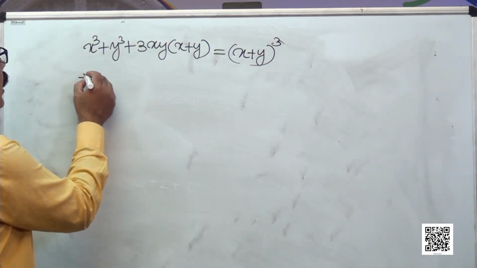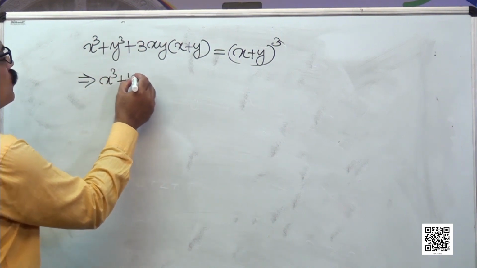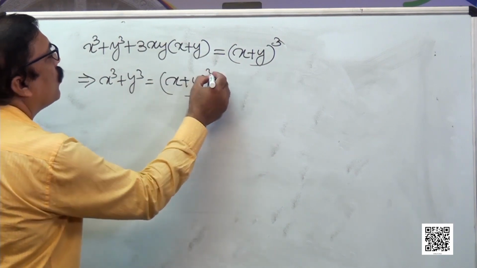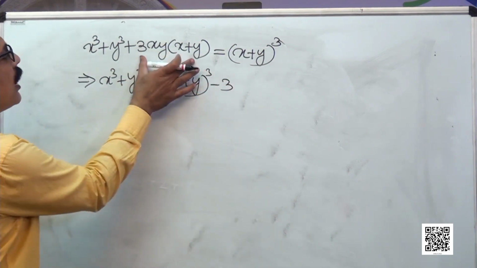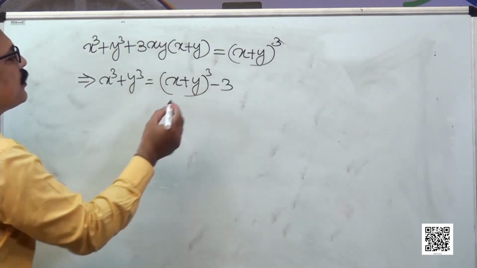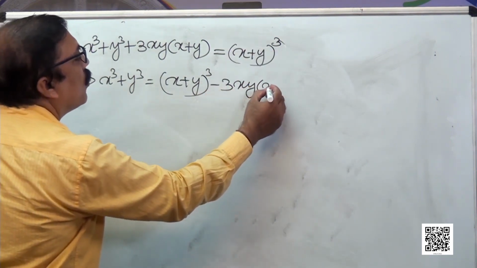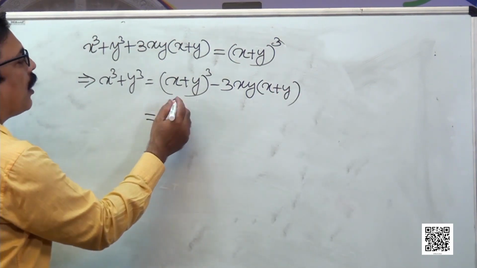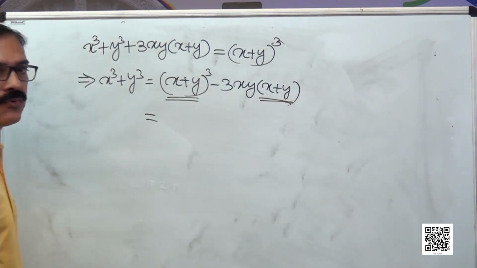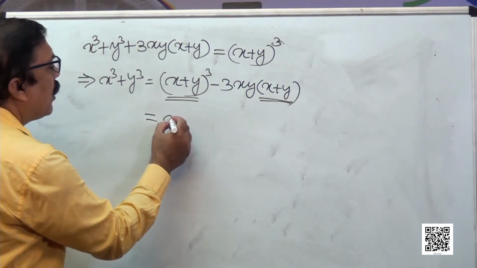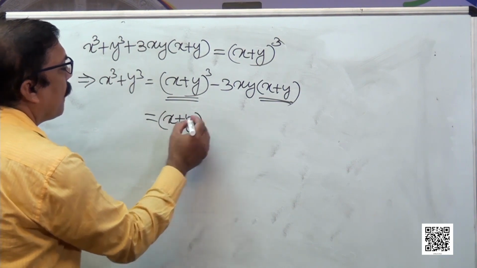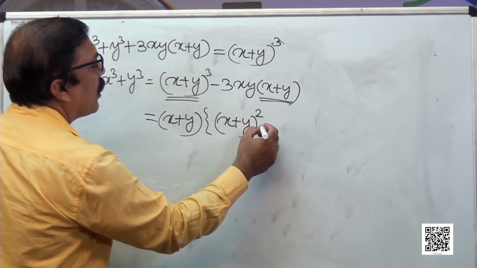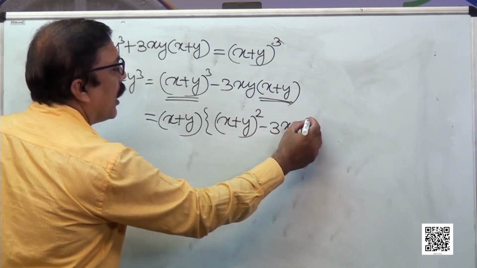From this, we get x cube plus y cube is equal to x plus y whole cube minus, this part will shift to the right side, 3xy into x plus y. Now here we can take x plus y common. From that we get x plus y into x plus y whole square minus 3xy.